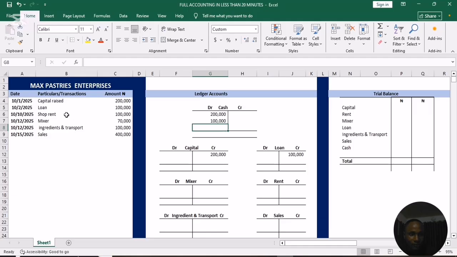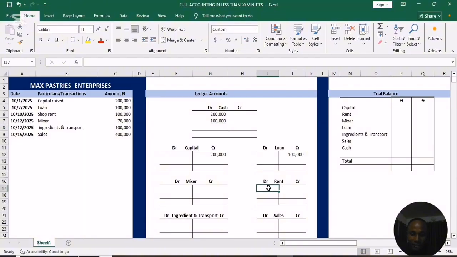When you pay for the shop rent, definitely what happens is that cash is leaving you. So this kind of transaction is taking out cash. What you do about this is you debit this account, then you credit the cash account. This is the rent account, so we're going to debit it because it's taking out cash.